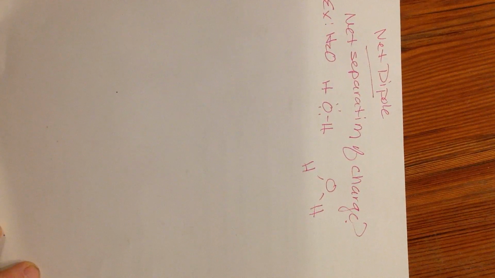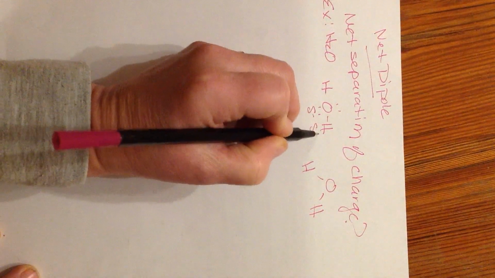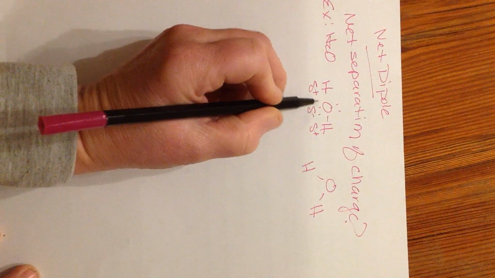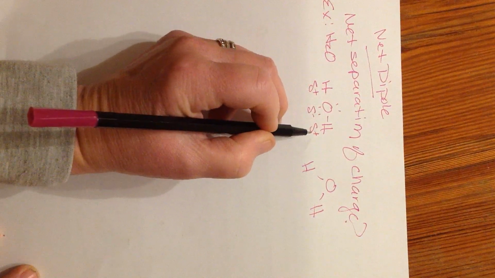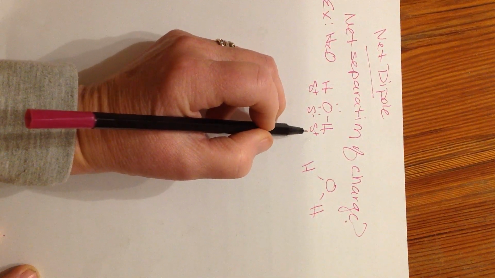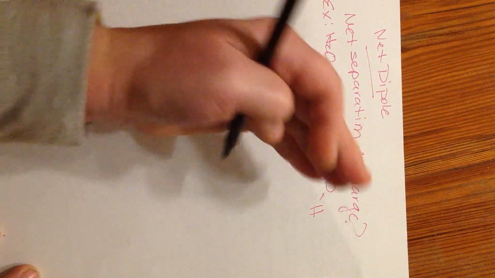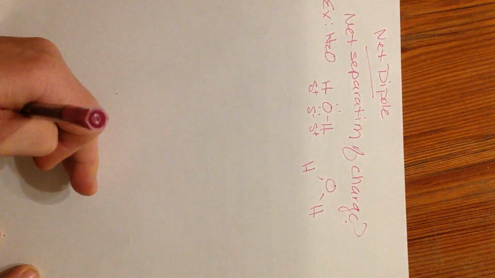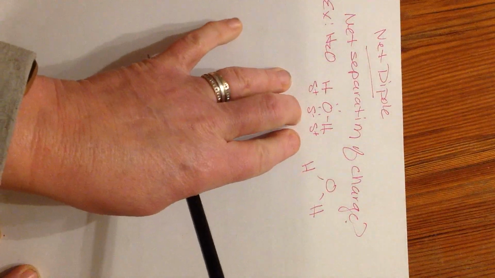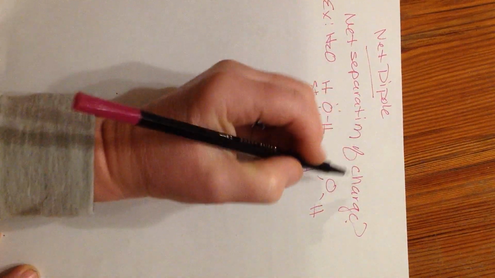Then what I would do is I would have my polar bonds, yes or no. I would see that oxygen is partially negative, hydrogen is partially positive, and you should have done this on your lab sheet already for all the structures that you have. So now I'm going to put this polarity into my molecule.